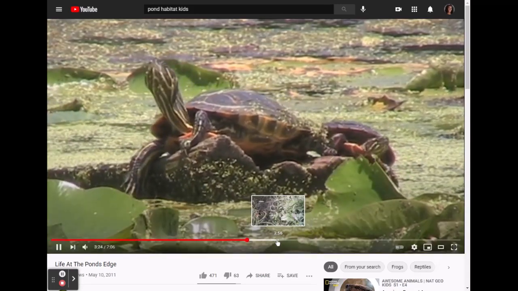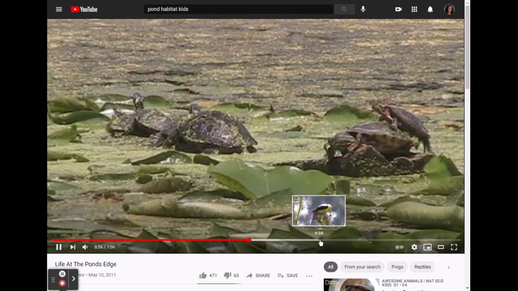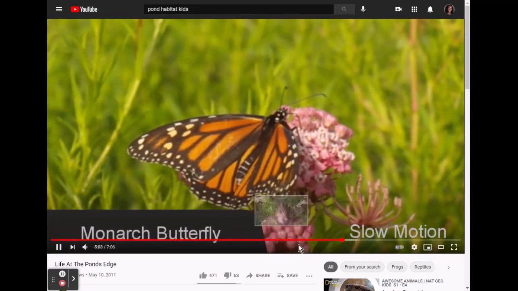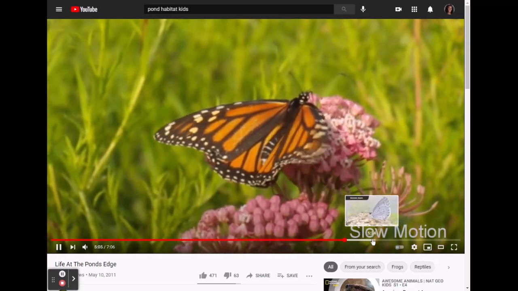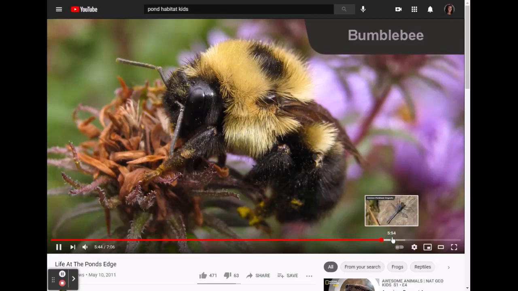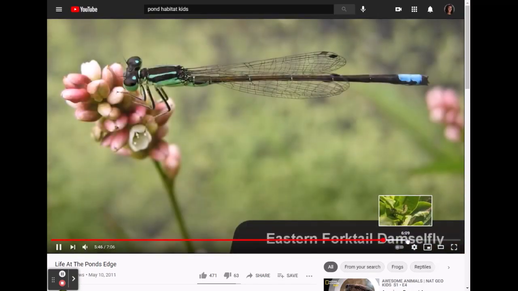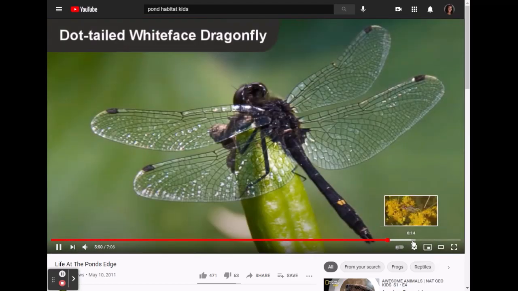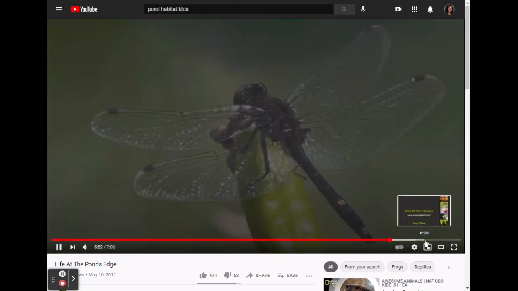Turtles. There's our monarch butterfly. There's more insects. There's the dragonfly.